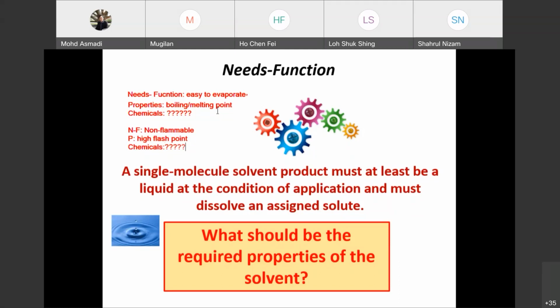Another example is the ability to lubricate, right?